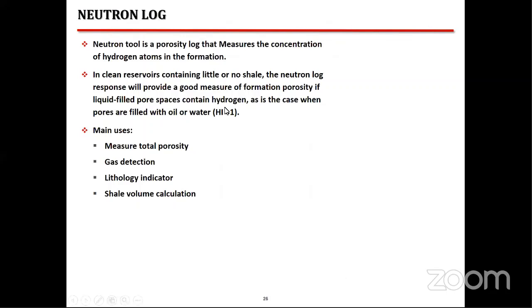Like I have mentioned here, the neutron log is based on the calculation of the liquid pore spaces that contain hydrogen. When the pores are filled with oil or water, the hydrogen index is 1. So when you get negative values, it means that your formation is either very tight or it contains very low pore spaces. It could possibly be a massive formation.